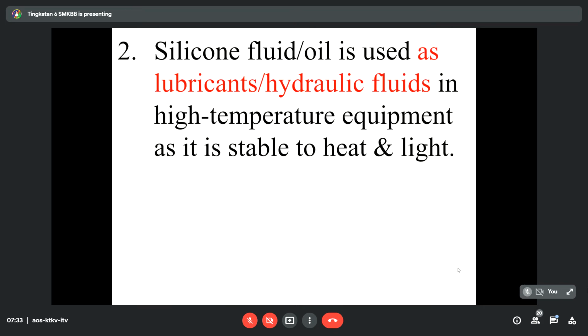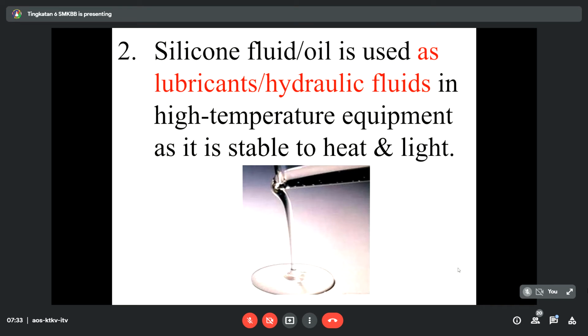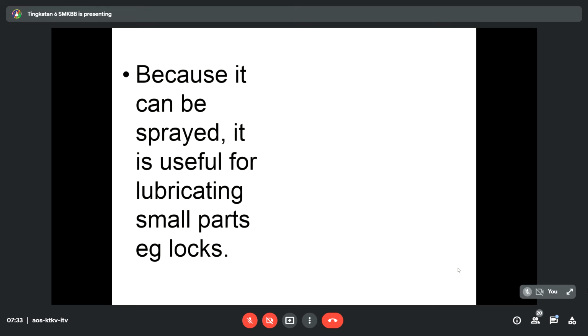Okay, second, use it as a lubricant. Minyak pelincir, okay? Or hydraulic fluids, in high temperature equipment because it is stable to heat and also stable to light. Silicone fluid or silicone oil as a lubricant. And of course, if your gadget is very small, you can spray it also.